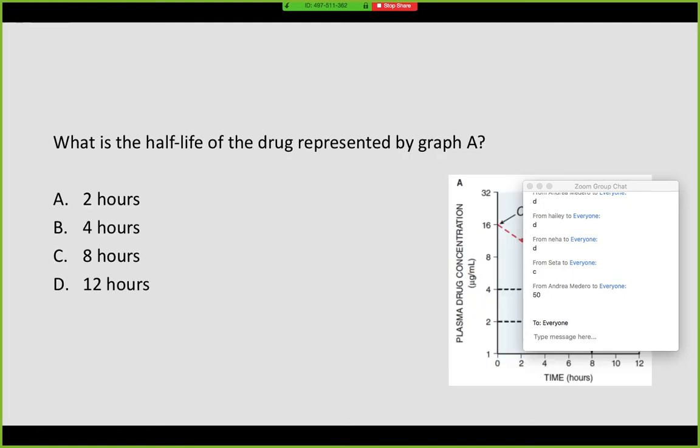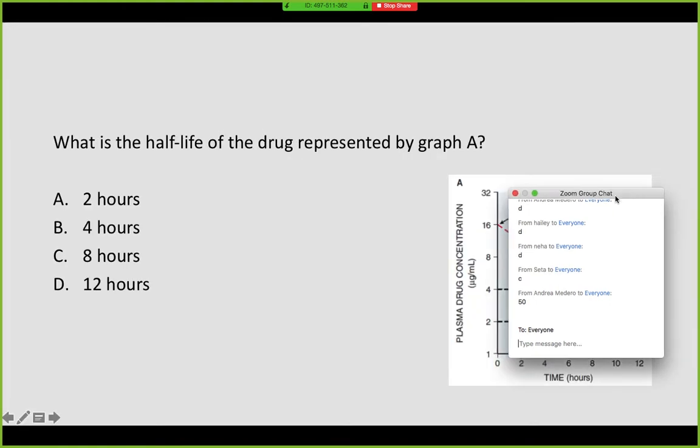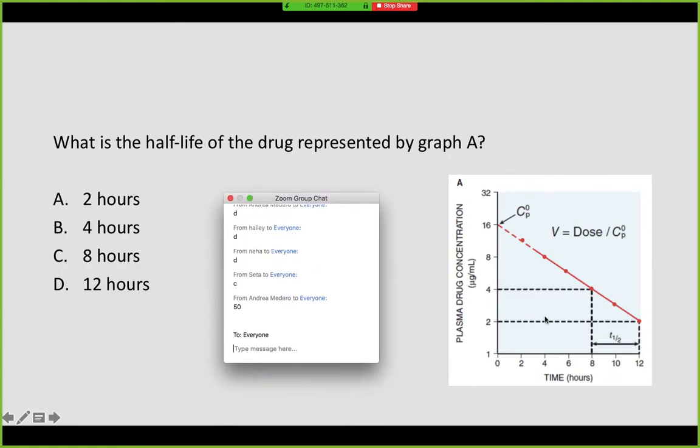Okay. Next question. Okay, here's what I was talking about, the half-life. Yeah, this graph was from her lecture. You're going to get something extremely similar on the exam. So what is the half-life represented by graph A?